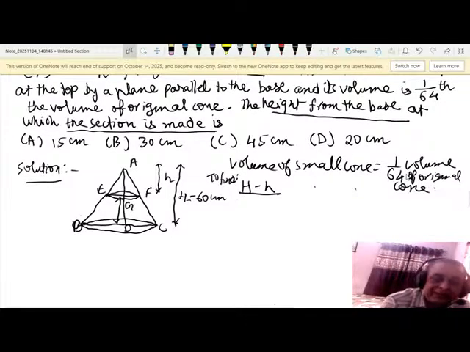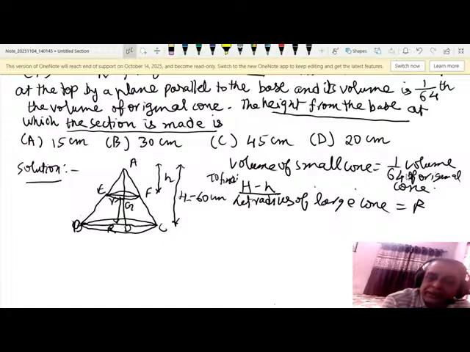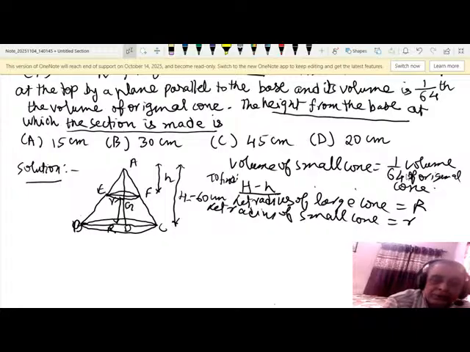Now let the radius of the large cone be denoted by capital R, and the radius of the small cone by small r. So what will be the volume of the large cone?